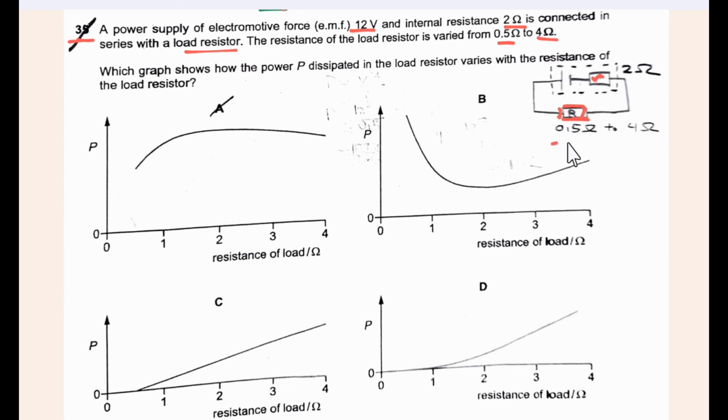Which graph shows how the power P dissipated in the load resistor varies with the resistance of the load resistor? So these graphs are basically power against load resistance. So which graph is the power against load resistance graph?